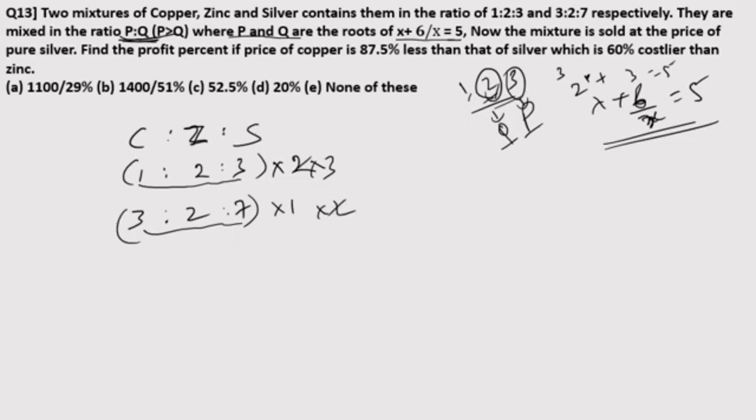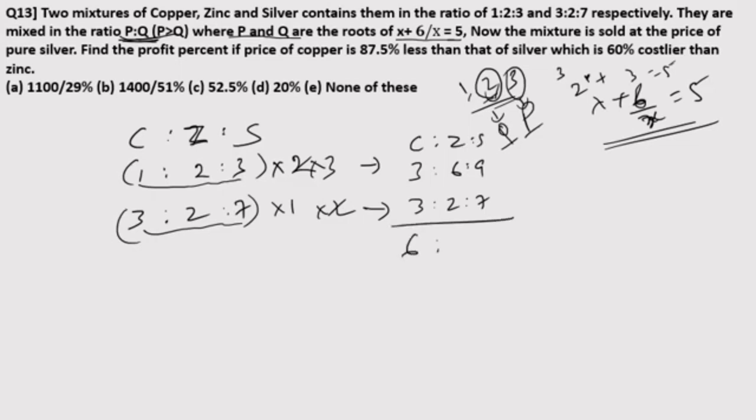So 2 is common. Cancel it. Now just multiply. This is coming out to be 3:6:9 and 3:2:7. Find the ratio of copper, zinc and silver. Now simply add them.